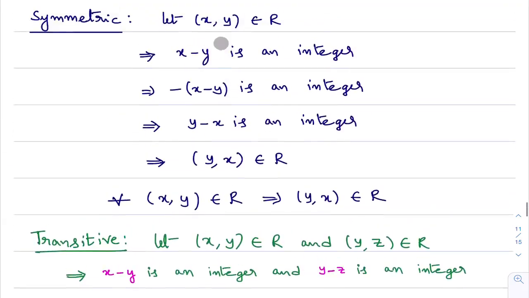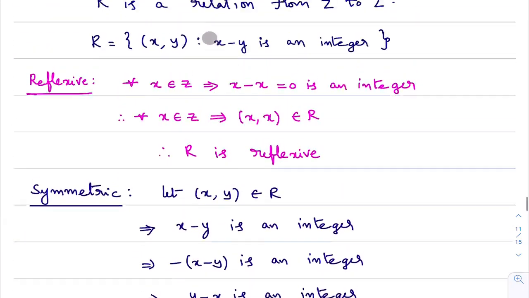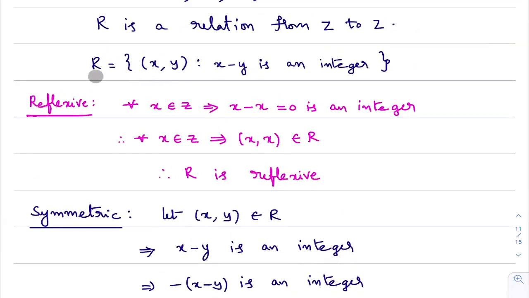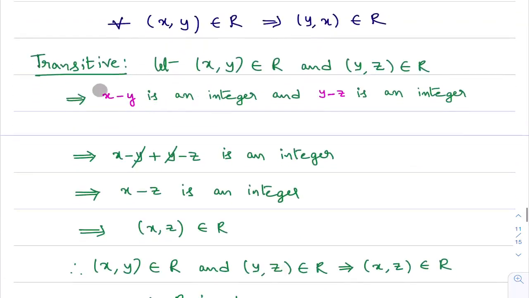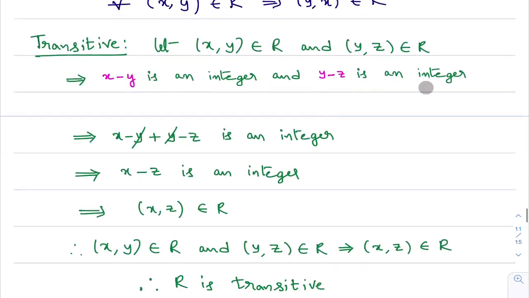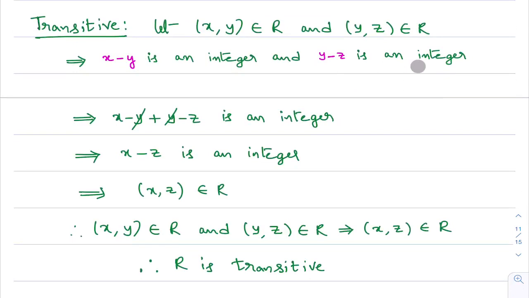From the definition of the relation, see how the relation is defined. X comma y present in this relation means x minus y is an integer. Y comma z belongs to R means y minus z is an integer. What you know in this statement, x minus y is an integer, y minus z is an integer.